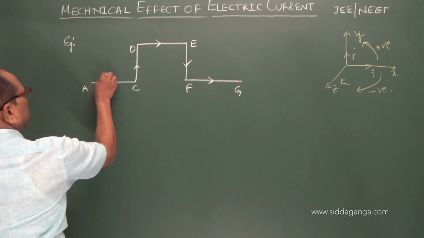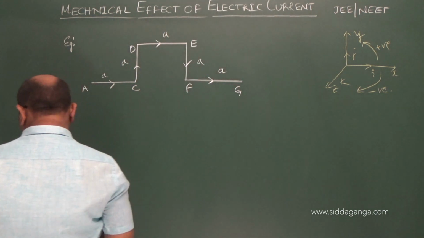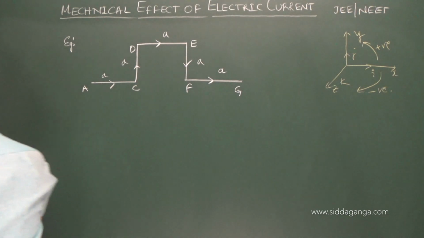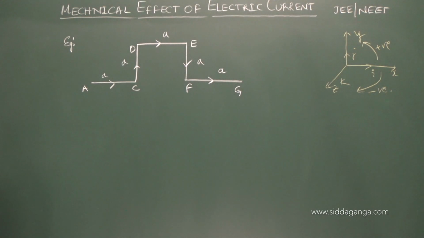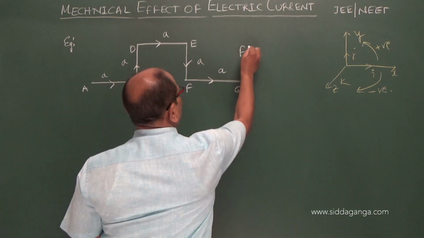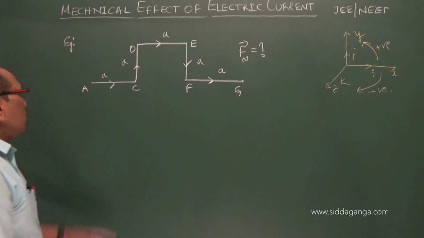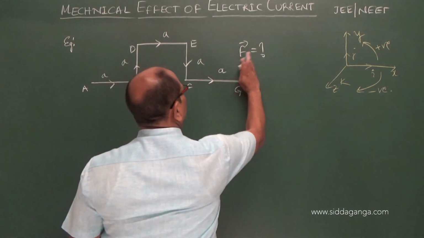Each section is of length A. Find out the effective magnetic field in this. What is the magnetic force on this compound wire? Find the net magnetic force here between A and G.